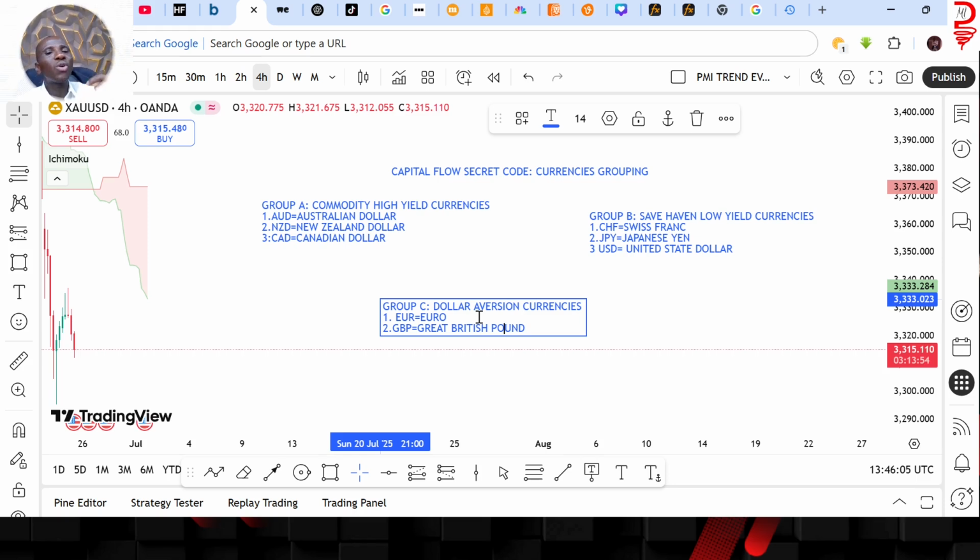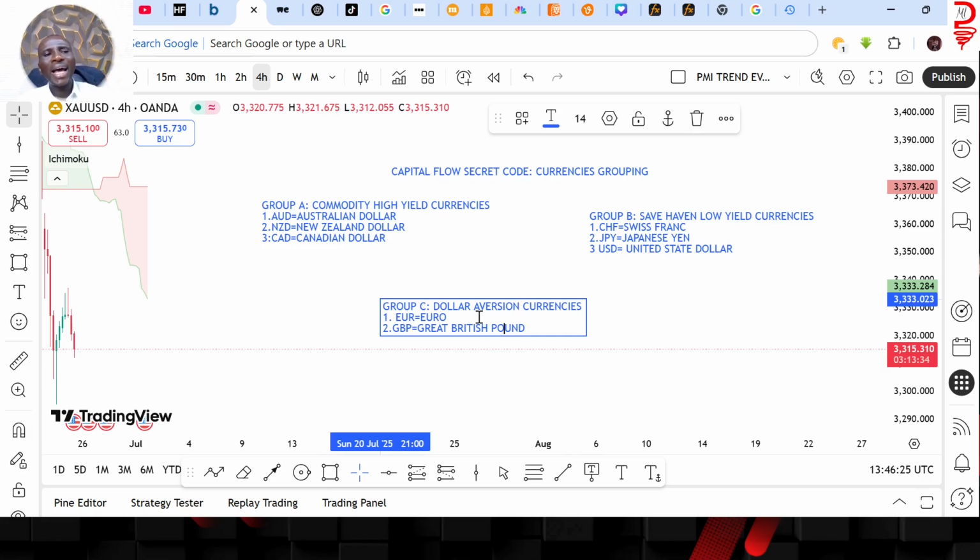It's like euro, most times they call it anti-dollar. And GBP behaves in the same similitude most of the time.